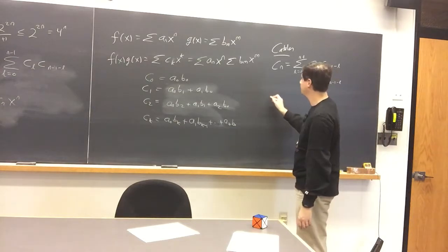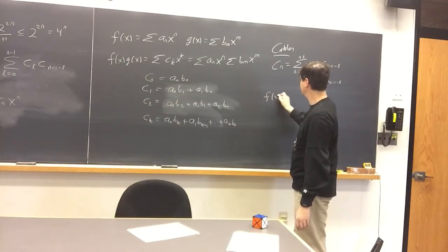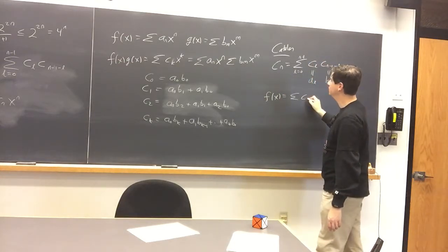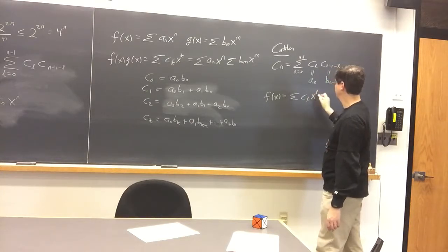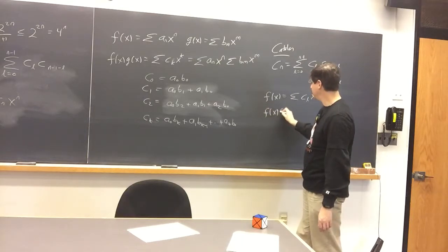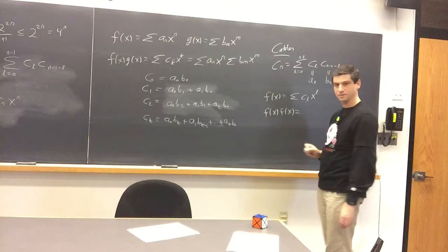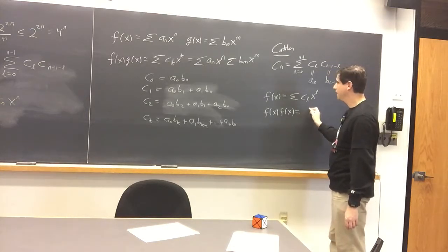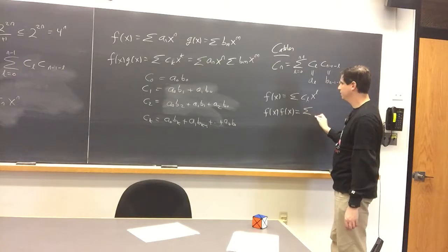So let's define f of x to be the sum of c_l x to the l. And then if we look at f of x times f of x, that's going to be the sum.